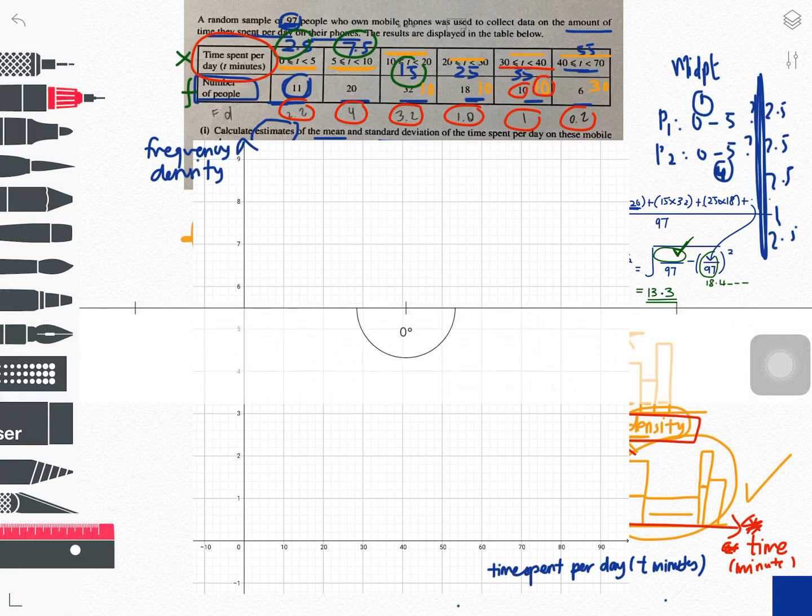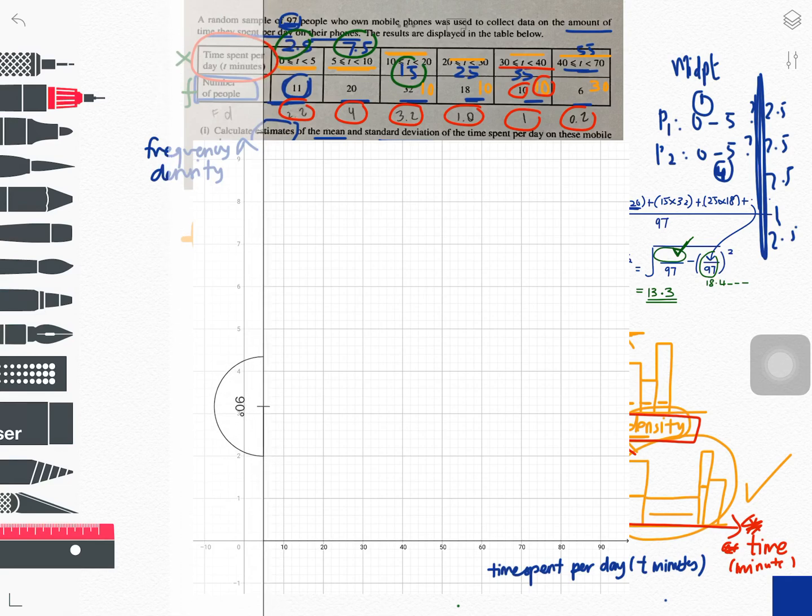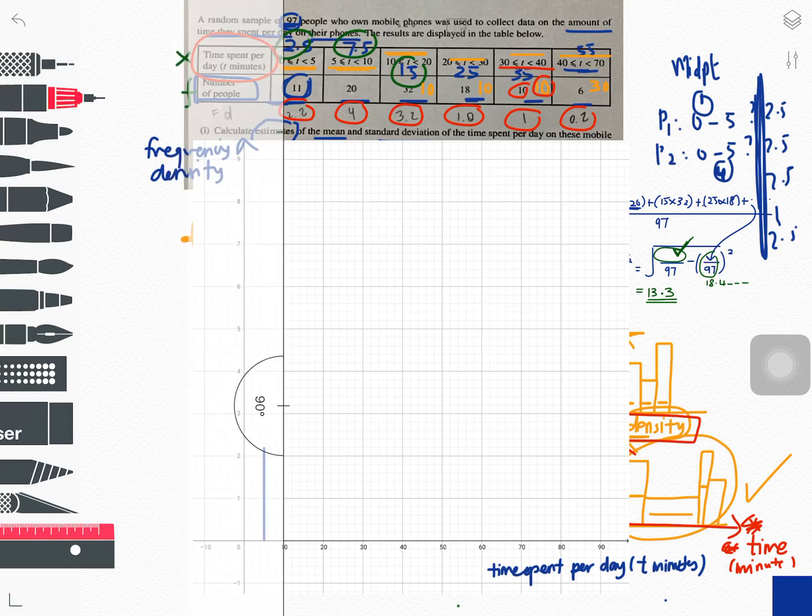Okay, 0 to 5. My 5 is here, right? I have to sketch until 2.2. So I go and draw. I think, yeah, something like that. So 0 to 5 is 2.2. Then next, 5 to 10 it's 4.